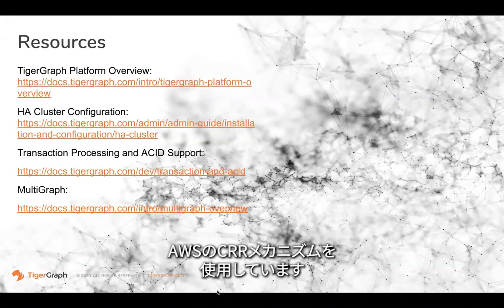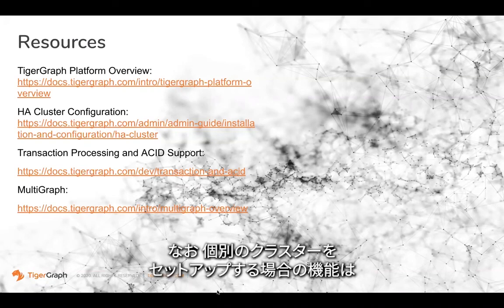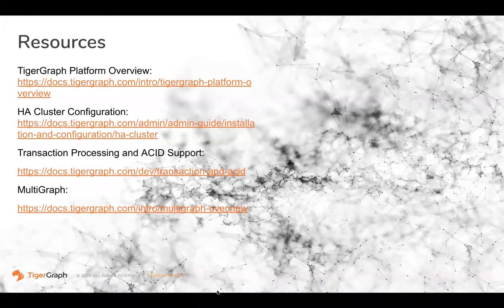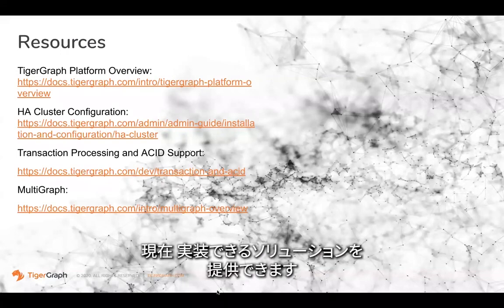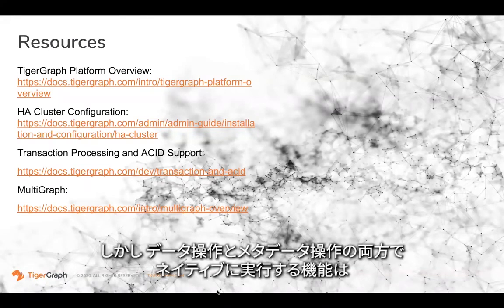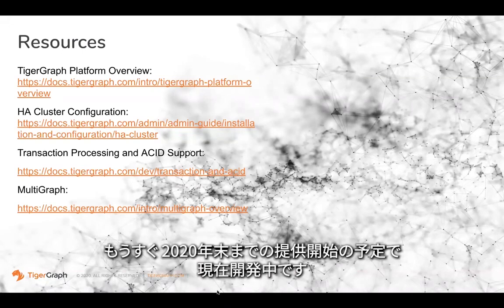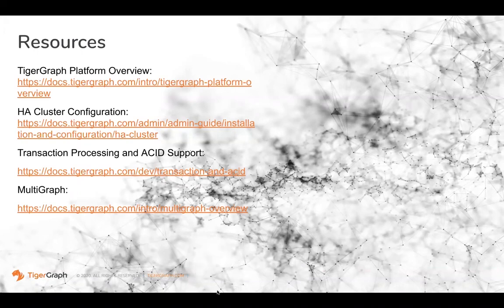We rely on the AWS cross-region replication mechanism to do that. Now, if you want disparate clusters set up across regions, that's a feature in development right now. Customers can implement a solution themselves, but to do it natively, for both data operations and metadata operations, is a feature in development and will be available soon, by the end of the year.